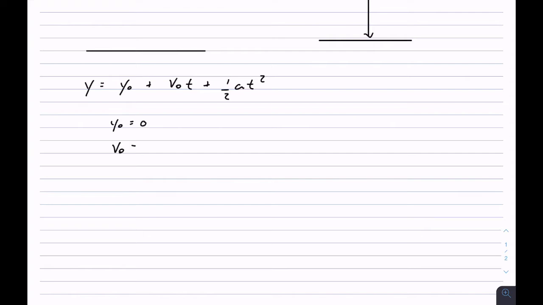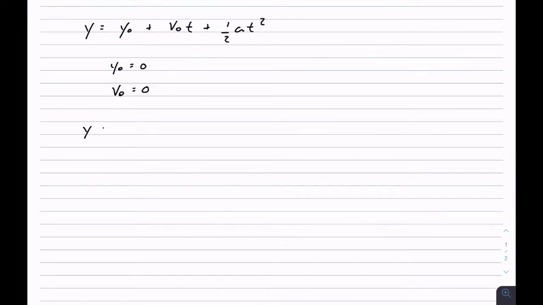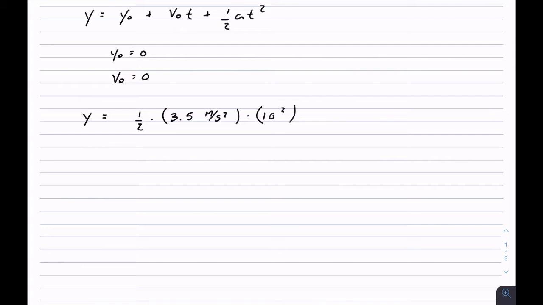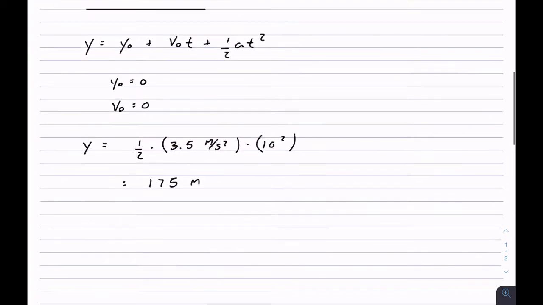We're told that it starts from rest, so initial velocity is going to be 0. So we can find a height by using the acceleration that we're given, 1/2 times 3.5 meters per second squared times 10 seconds squared. So that gives us 175 meters. We'll call this y1 because we're talking about the first trip.